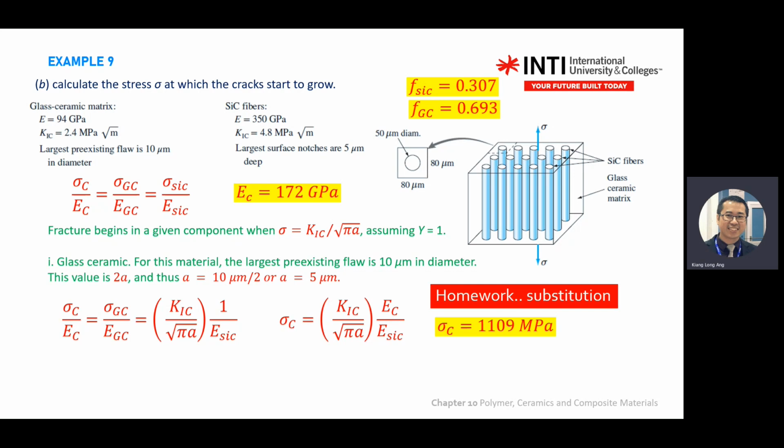This one should be one set for GC, one set for the SIC.